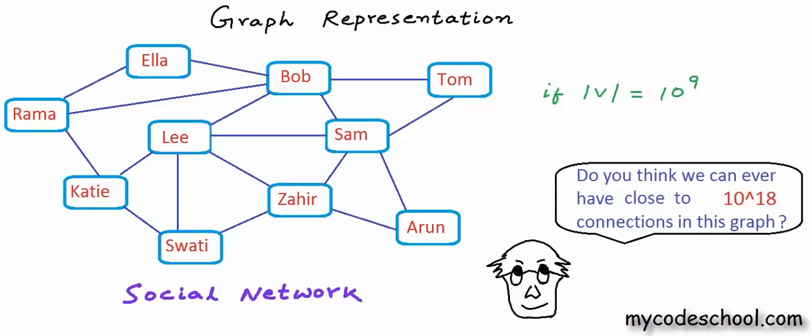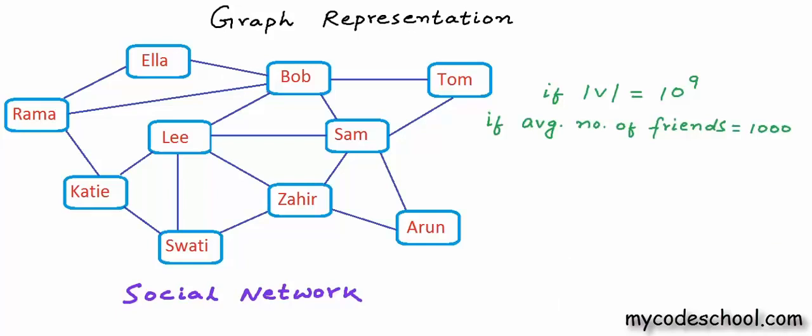Now, do you think the number of connections in a social network can ever be close to the square of the number of users? That will mean everyone in the network is a friend of everyone else. A user of our social network will not be friends with all other billion users. We can safely assume that a user on average would not have more than 1,000 friends.